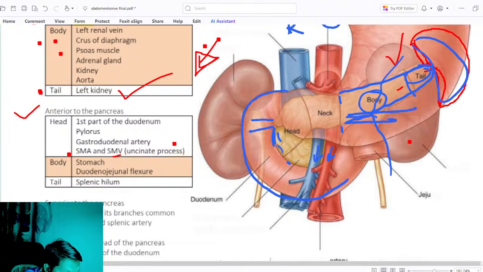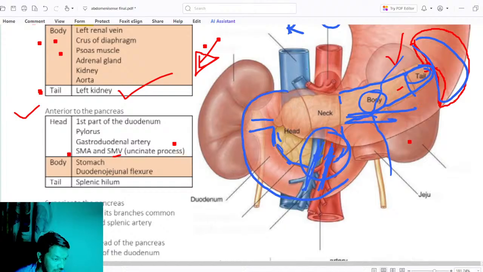Now, here is the pancreas, but after this also there is still pancreas up to here, but it is covered by these two structures. So in this case, superior mesenteric vein and superior mesenteric artery are anterior to the head of the pancreas.